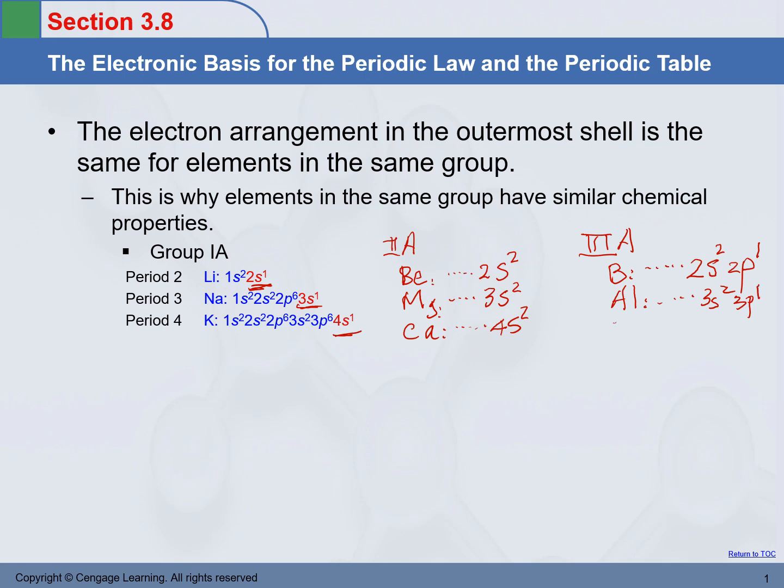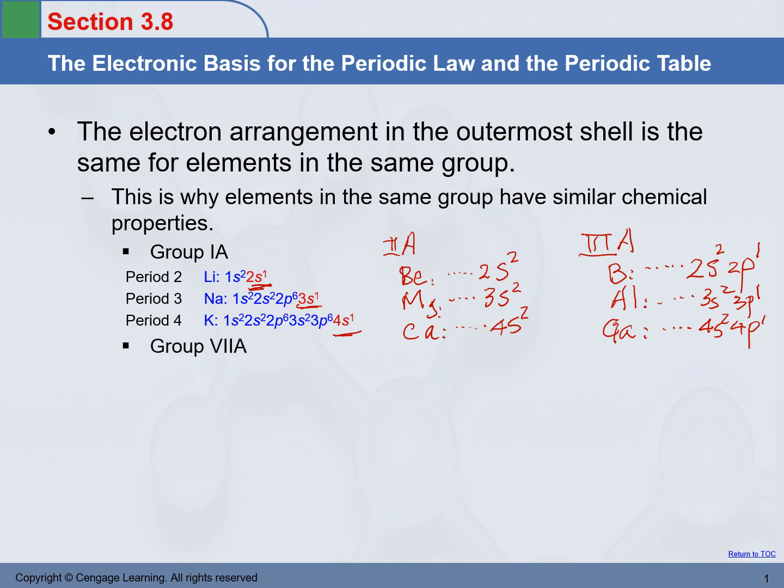The next one below aluminum will be gallium, and the outermost shell will be 4s2 4p1, again 3 electrons. All these elements in the same group have similar properties because they have the same number of troublemakers, the same number of electrons in their outermost shell.